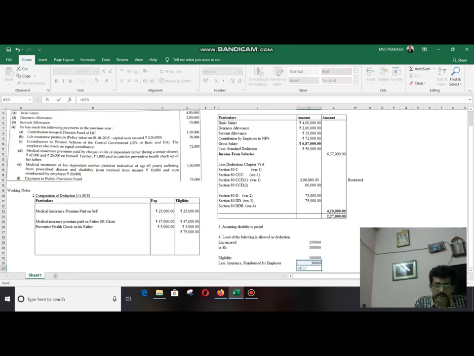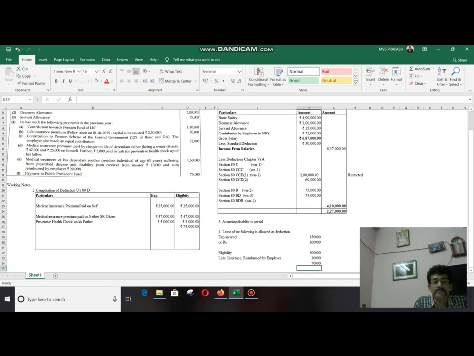So ultimately the assessee can take only 70,000 rupees as deduction. So the total income of the assessee for the assessment year 2021 is going to be 1,57,000.